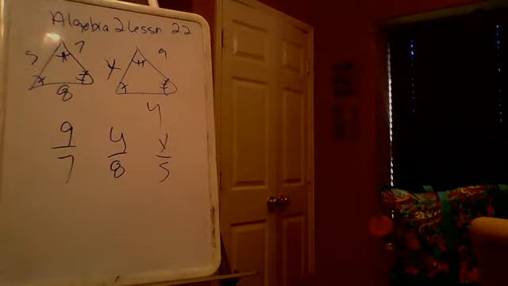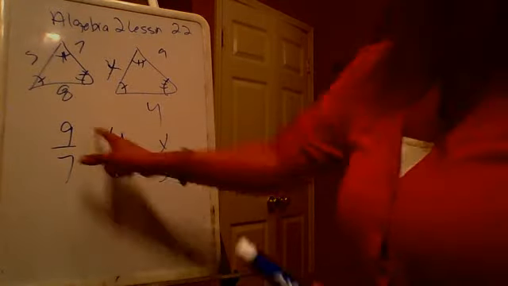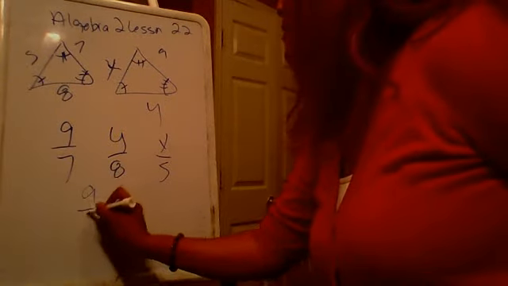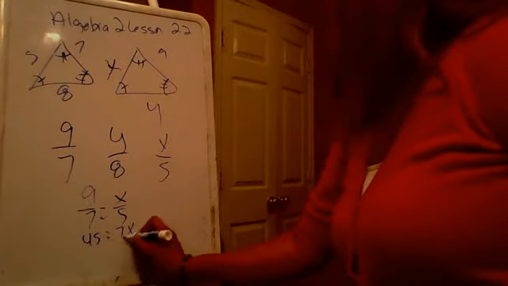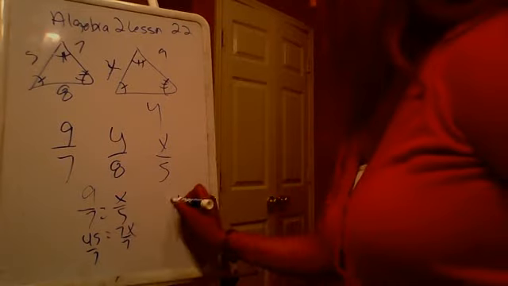So now if we want to solve for x, we've got 2 here, so we can say 9 over 7 is equal to x over 5. And then we can simply use cross multiplication and then divide both sides by 7. We get x equals 45 over 7. Okay, now we can also do the same thing to find y.